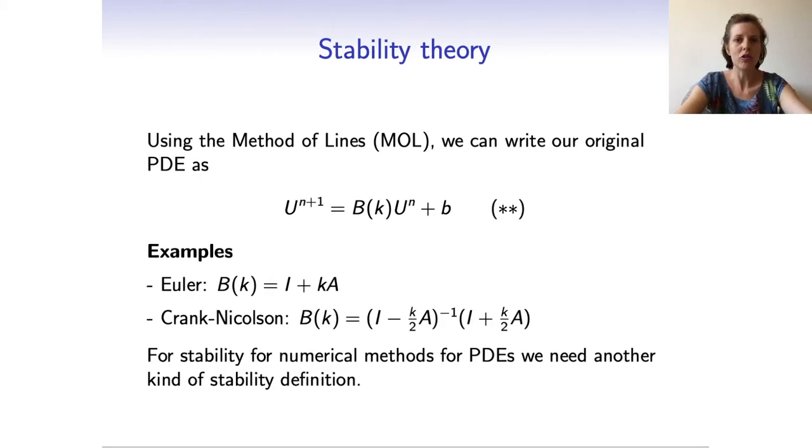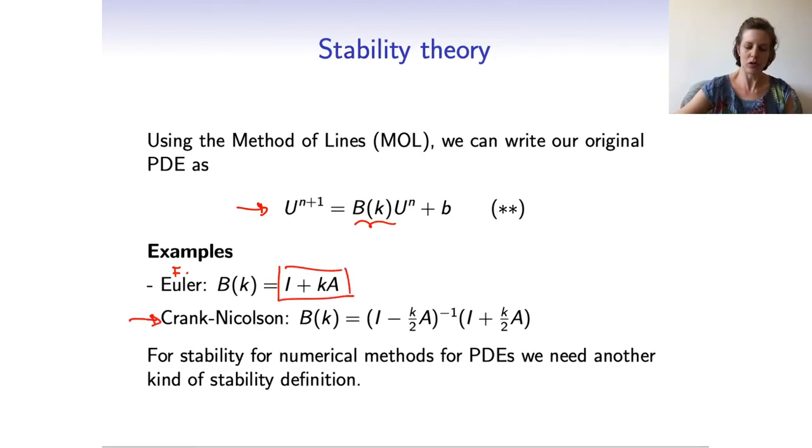So using this method of lines, we can write our original partial differential equation using this shape, where the matrix B of K is related to the initial value problem method that we are using. If we are using the forward-Euler method, as we saw before, our matrix B_K would look like this. And for the trapezoidal method or Crank-Nicolson, our B_K matrix would look like this.